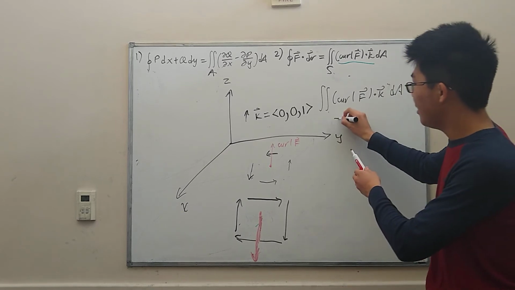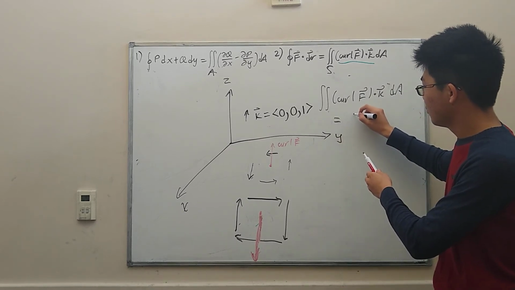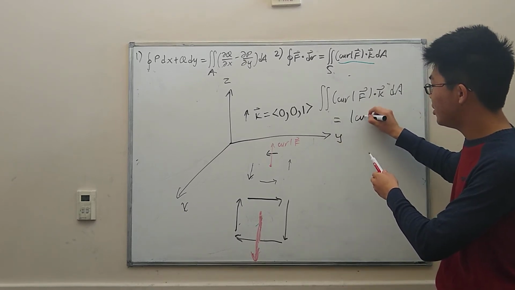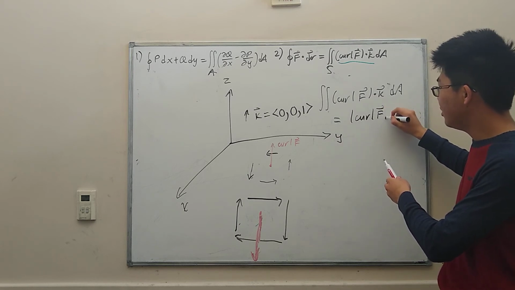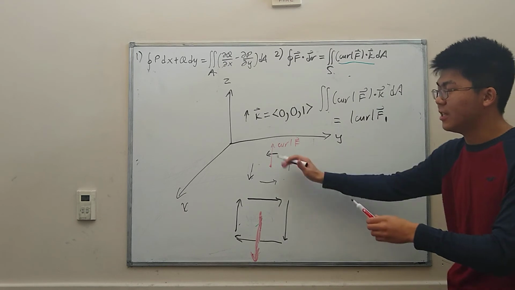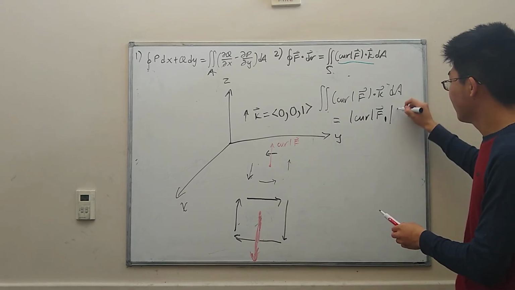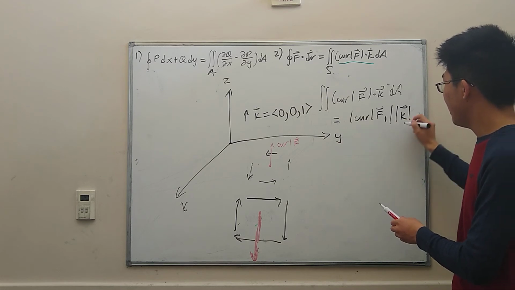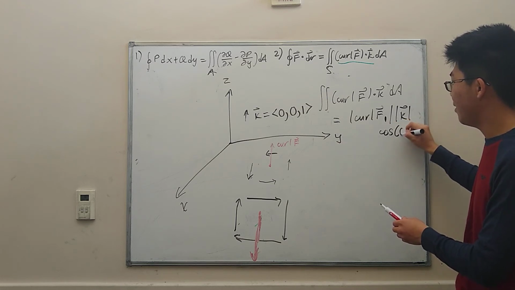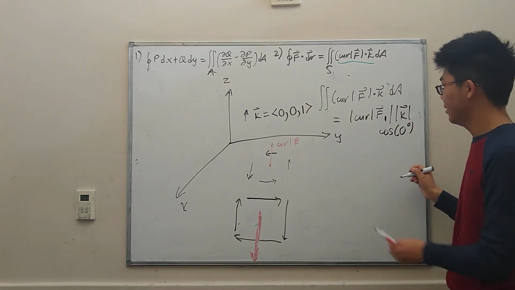Now, you end up with this magnitude of curl of f. Let me denote this by 1 for this smaller region right here, times k. And the cosine between them, again, is 0.